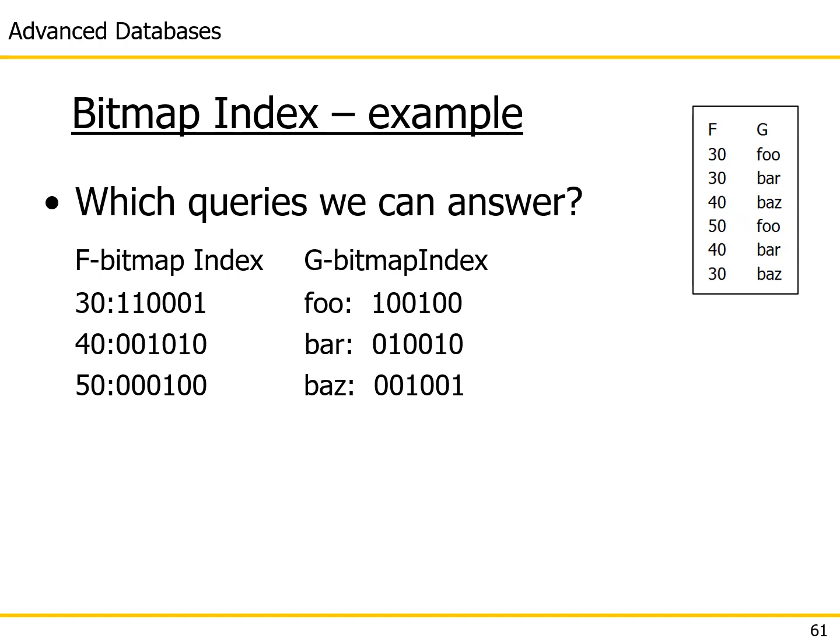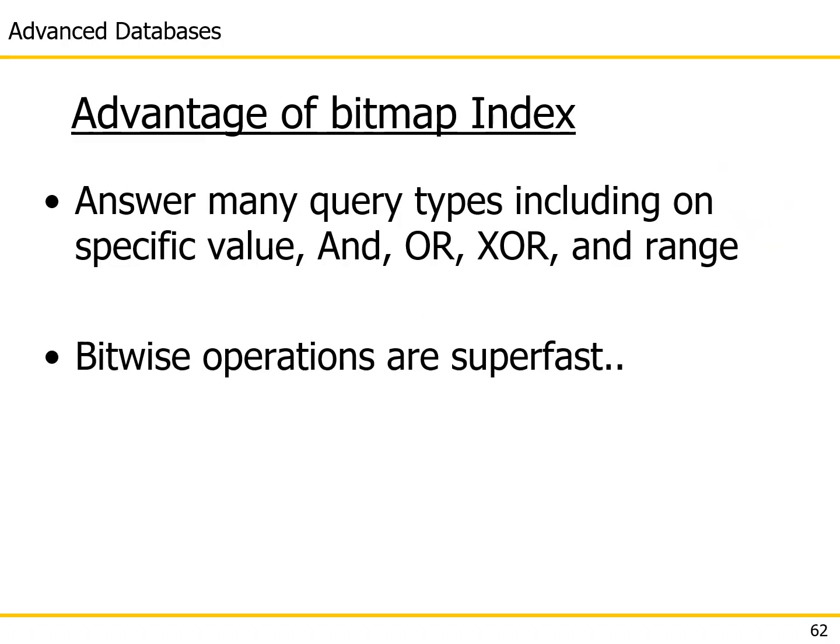We didn't do any kind of computation or representation of proximity, so this is not really in the game with us. But almost everything else sounds like we can do. And this is what I was just stressing, that you can answer many query types, including specific value, AND, OR, XOR, and range. And bitwise operations are super fast. That's why this is a very interesting indexing data structure.